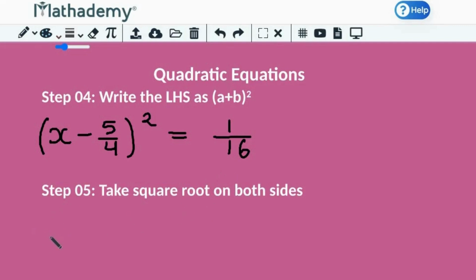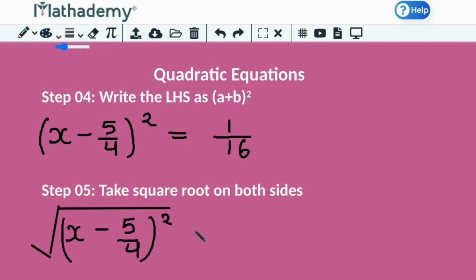When I take square root on both sides, the square and root get eliminated. So I'll write this as under root of (x − 5/4) the whole square is equal to under root of 1/16.